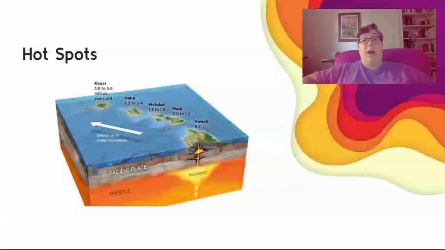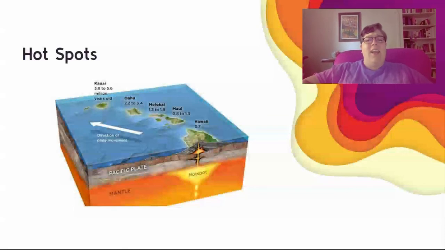Now, I promised we'd talk about Hawaii, and this is the moment that we get back to it. Because Hawaii, you'll find when you get into this week's work, and I give you a map of where all of these plate boundaries are, Hawaii is kind of out in the middle of the Pacific plate.